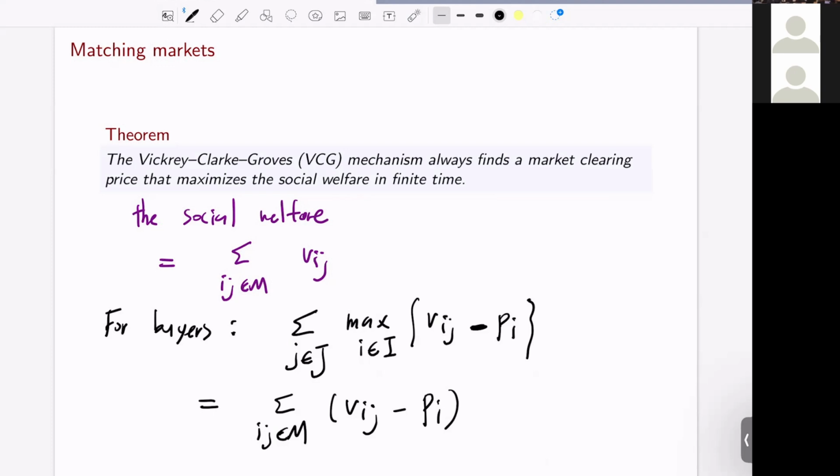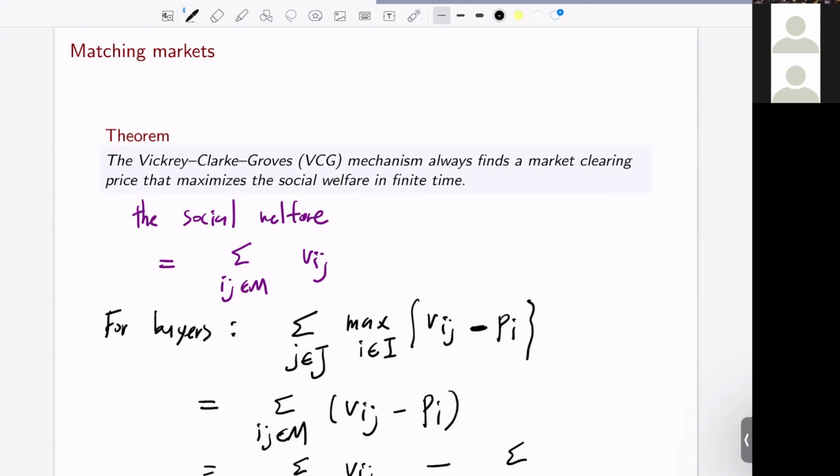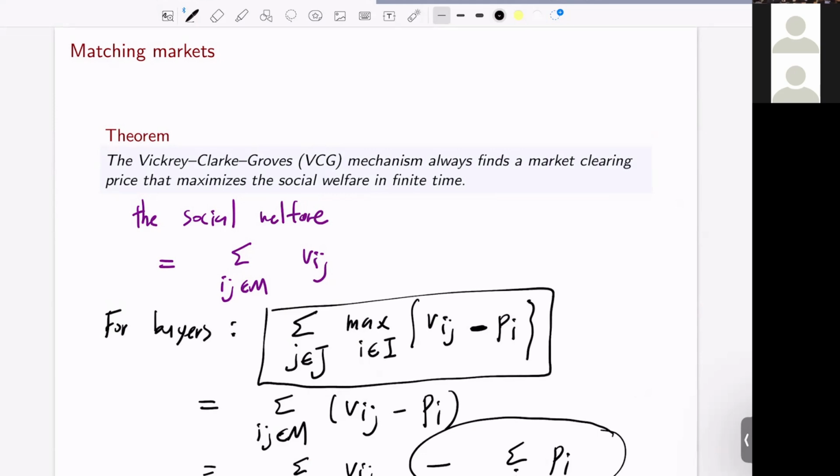But if you look at this summation, this is summation over ij in M of V_ij minus summation of prices of items. So it doesn't really matter.